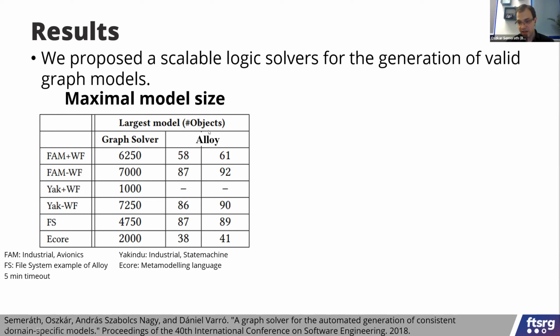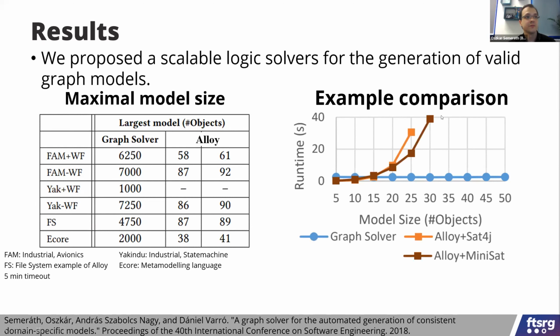If you are familiar with Alloy, which is a SAT solver based graph generator, we conducted some measurements to compare the size of the models that we can provide, and it shows that our generator can provide models with objects in the range of thousands, while Alloy and Z3 and Formula and other tools are typically way below 100 nodes.